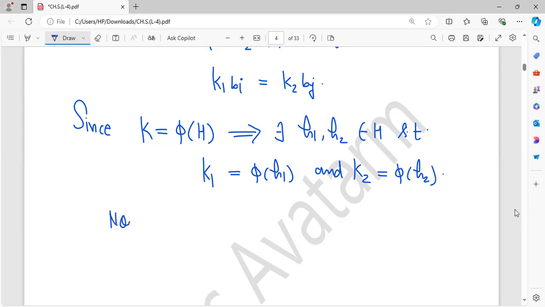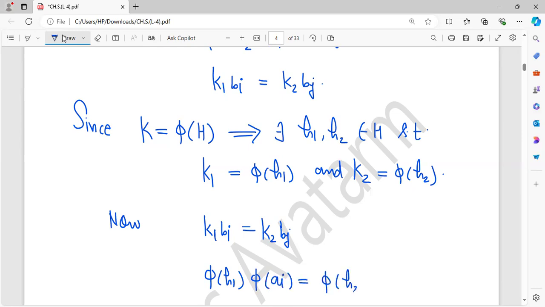Now K1 B_i and K2 B_j: put the value of K1, that is phi H1, and the value of B_i, that is phi A_i; K2 is phi H2, and the value of B_j is phi A_j.